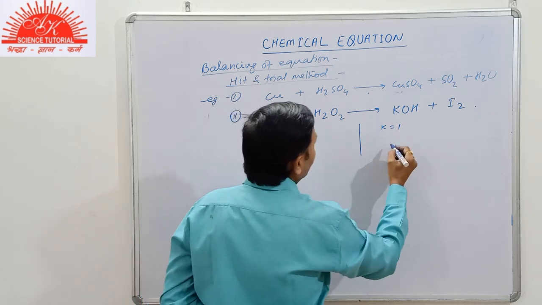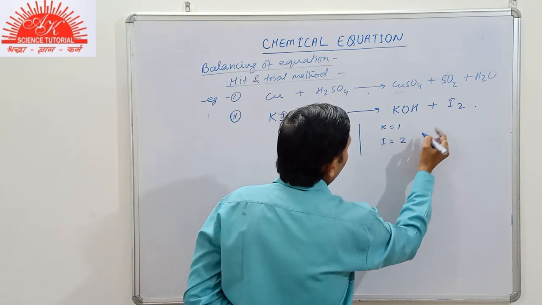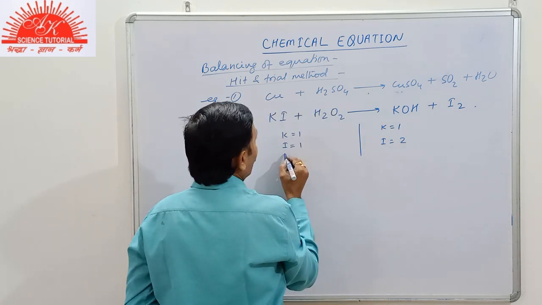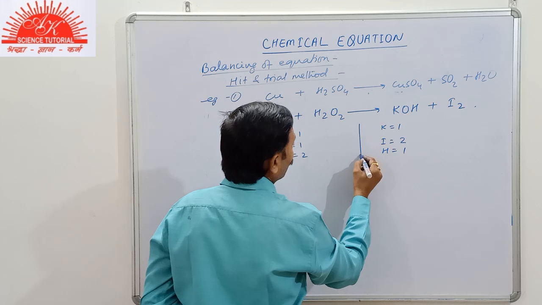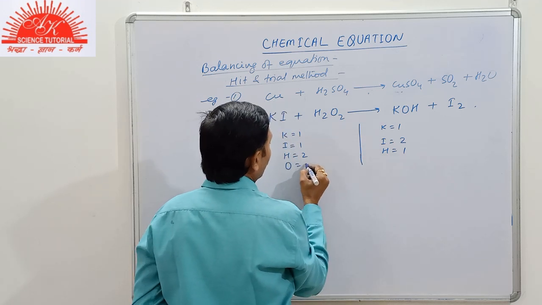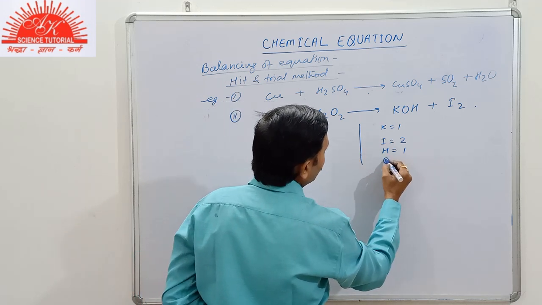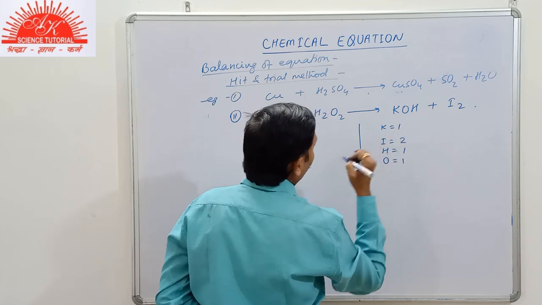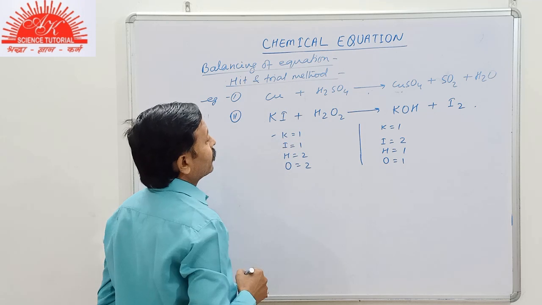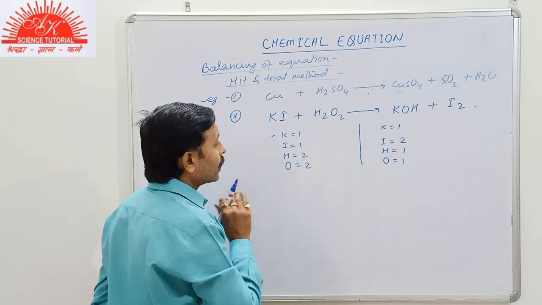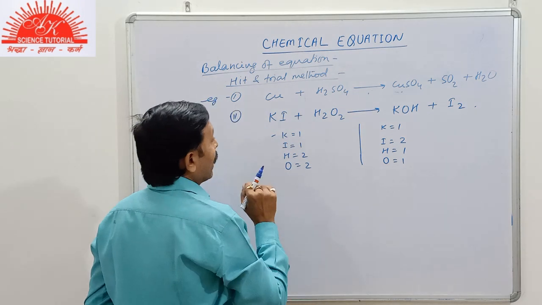Iodine 1, here it is 2. Hydrogen 2, on this side hydrogen is 1. Oxygen here is 2, on this side it is 1. Now you see, this is balanced already, and need not be disturbed here till now.